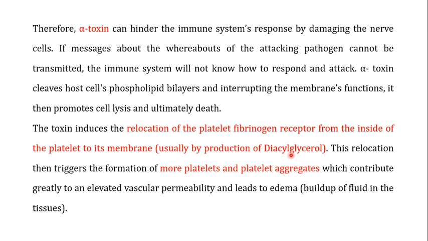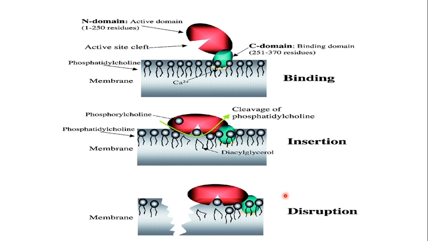One of the byproducts was diacylglycerol, and this diacylglycerol was responsible for this relocation of the receptor, which made these platelet aggregates. These platelet aggregates were responsible for elevated vascular permeability and hence the buildup of fluid in the tissue, which refers to edema.